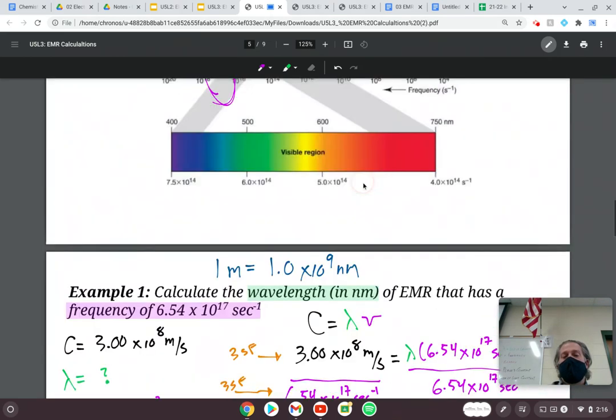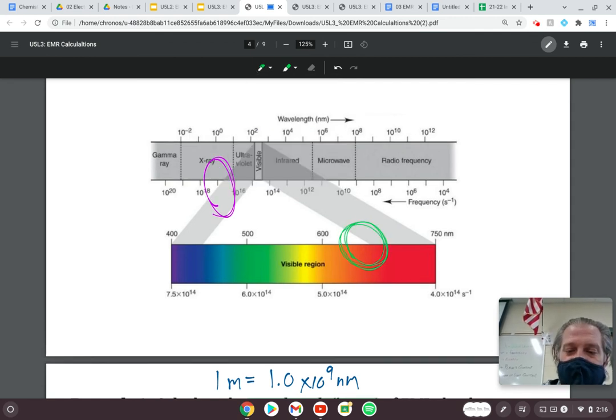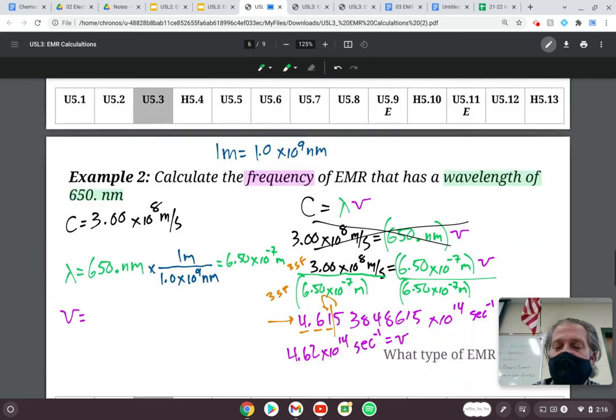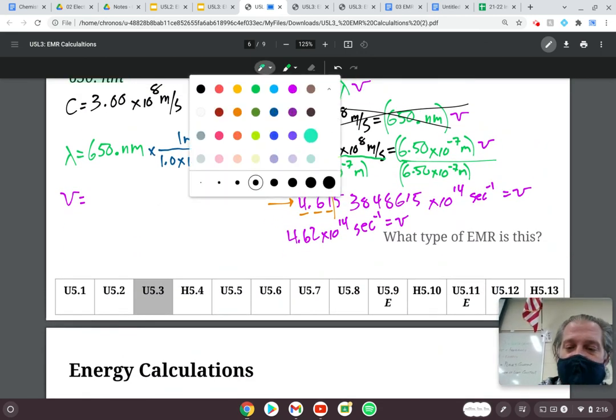I'm going to locate 650 nanometers, which is in this general region right here. You could argue that it's red, but in reality we're just going to say it's the visible light spectrum. So the answer for what type of EMR this is is visible light.